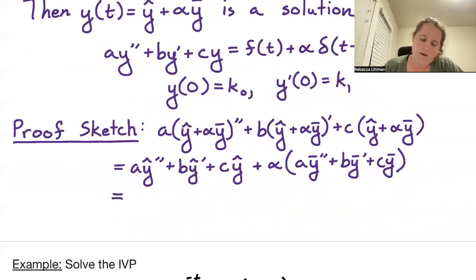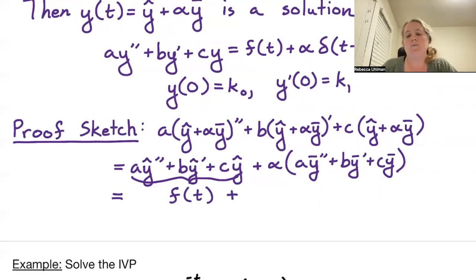This aŷ'' + bŷ' + cŷ was equal to f(t) by design. The aȳ'' + bȳ' + cȳ is by default equal to δ(t − t₀).